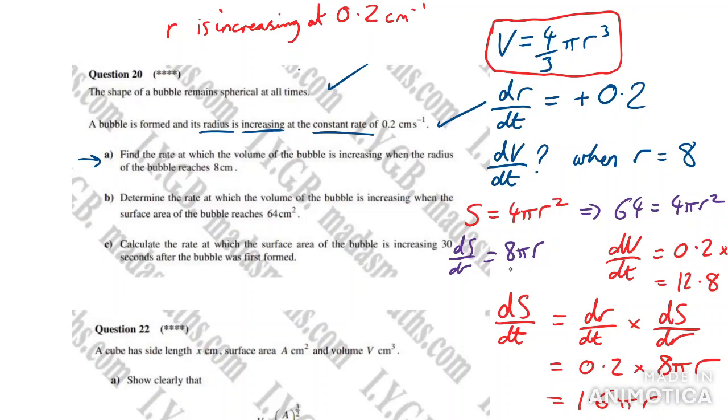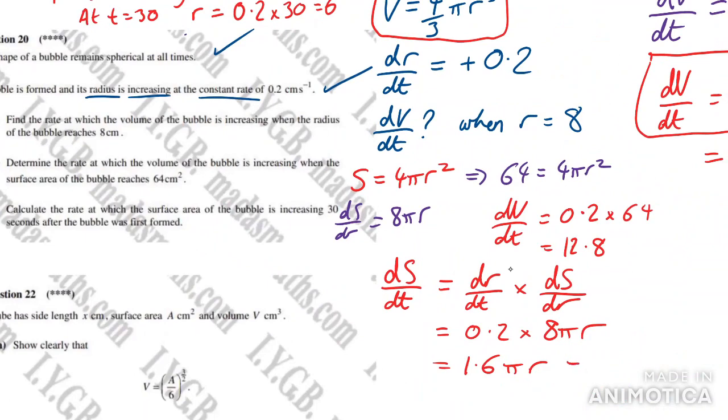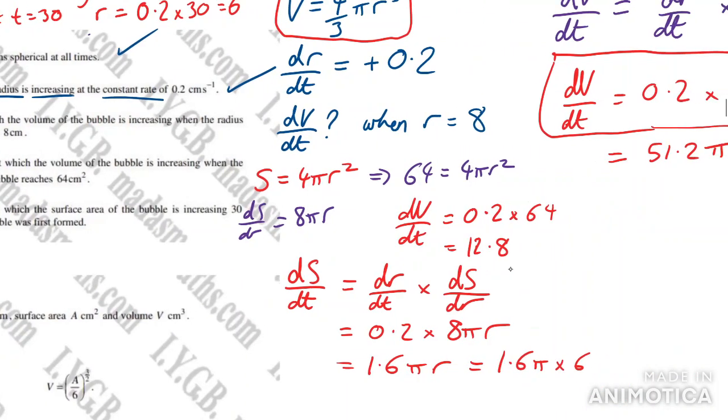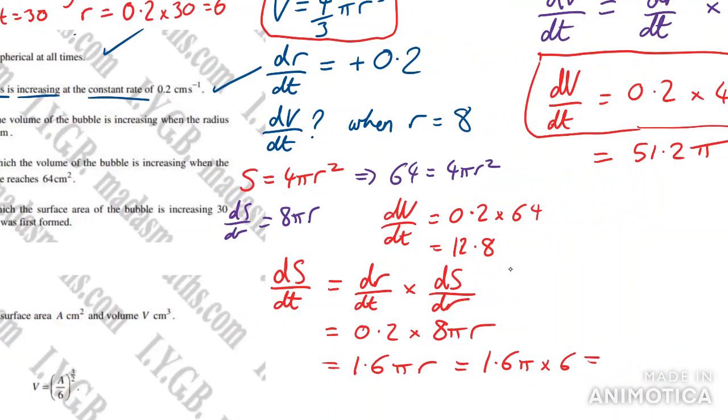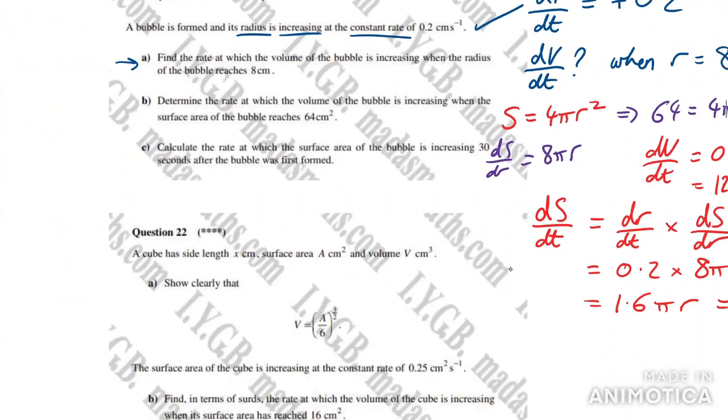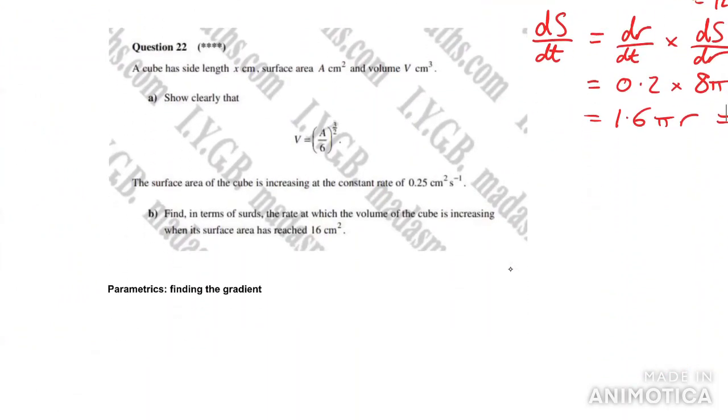It starts off at a radius of 0, so at t equals 30, the radius must be equal to 0.2 times 30, which is 6, and so the answer will just be 1.6π times 6, which is going to give us 9.6π. And so you can see it really is just a translation type thing with these kind of questions. Very similar.